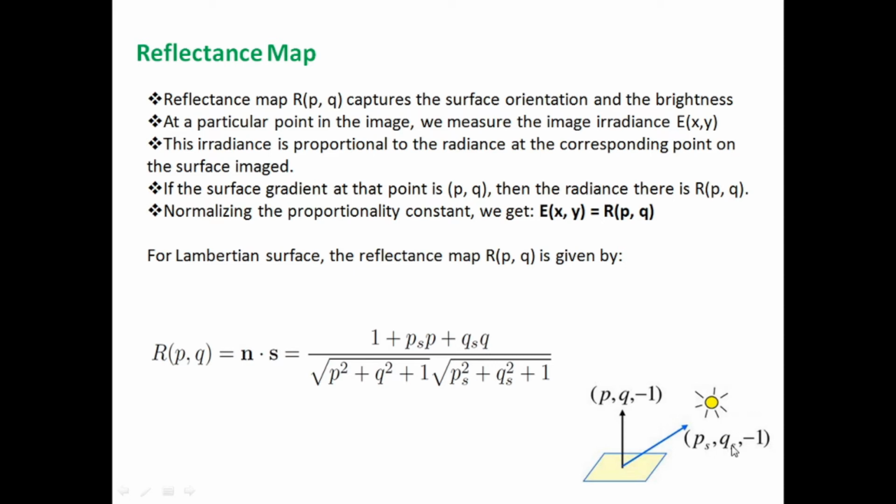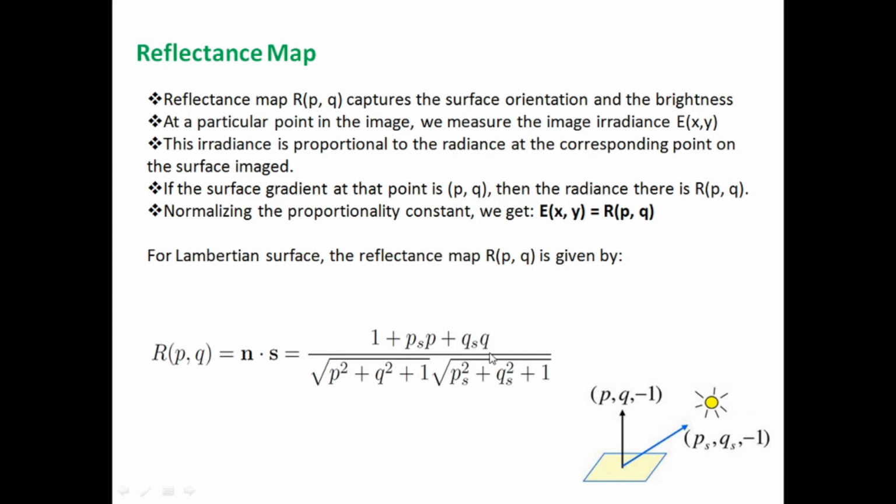If PS, QS, minus 1 is my source vector, and P comma Q comma minus 1 is my normal, then the radiance is given by the dot product of the normal and the source vector, that is, 1 plus PS P plus QS Q divided by the square root of P square plus Q square plus 1, into the square root of PS square plus QS square plus 1. So this is how I have got my reflectance map, which depends on the surface orientation as well as the brightness.